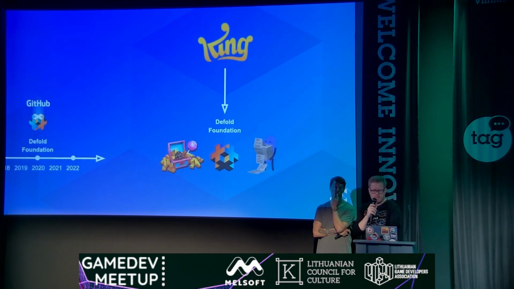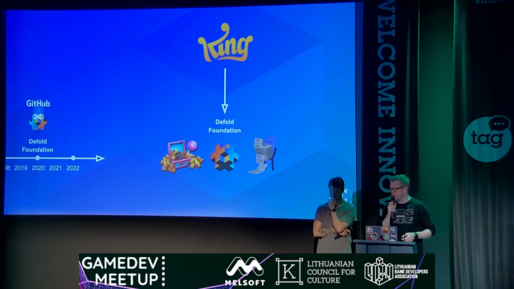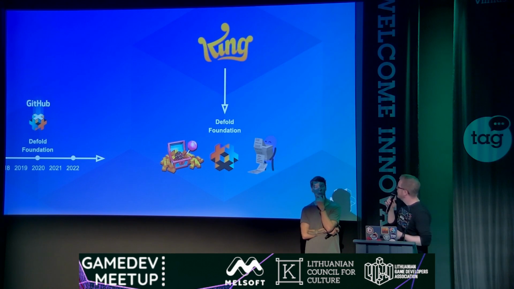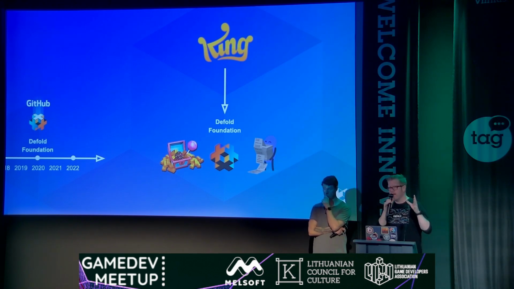Which leads us up to 2020, 2 years ago. King decided that they wanted to make Defold open source. So they founded a foundation, the Defold Foundation. They gave it a tiny bag of seed money, so the Defold Foundation can be sustainable on its own.